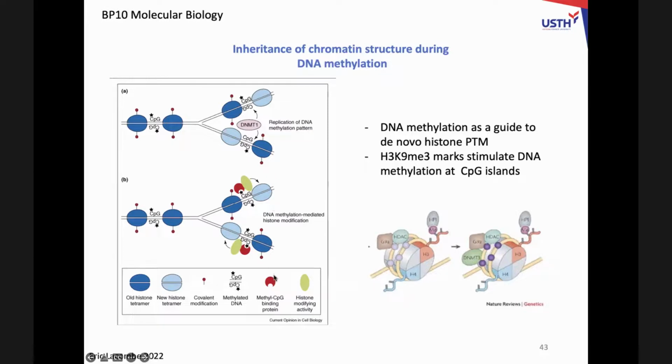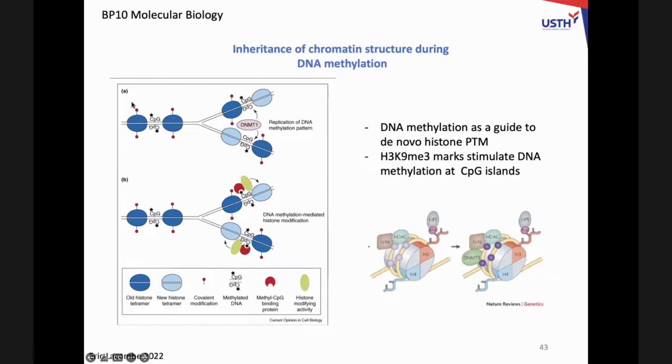And what is happening is you have specific proteins that are able to recognize the methylation of DNA. Once this protein has recognized the methylated DNA, it is going to interact with a histone modifying enzyme, like a histone methyltransferase, for example, in order to, this is the two small dark arrows, remodify the histone post-translational modification.